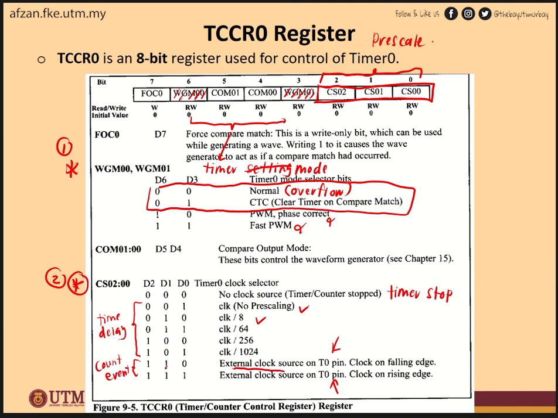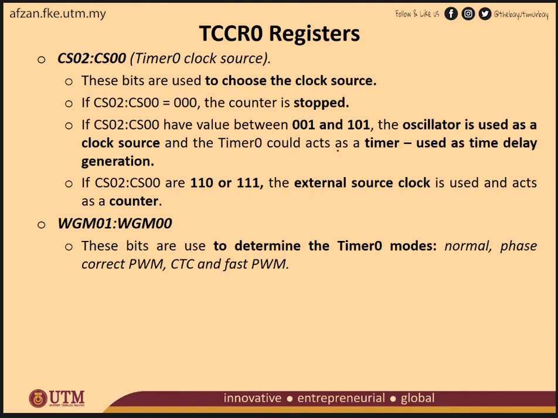If you want to count an event, you put this setting here. If you want to generate a delay, you put this setting here. If you want to stop your timer, you put 000 at these 3 bits. So this is what happens, which I already mentioned earlier.